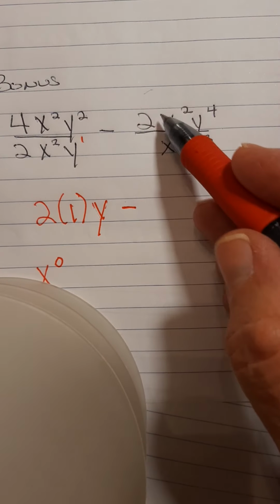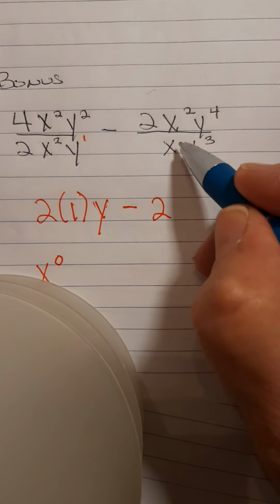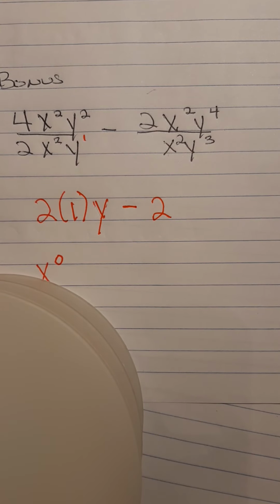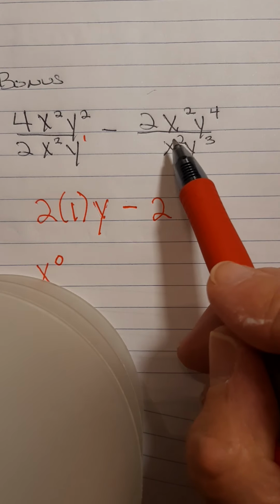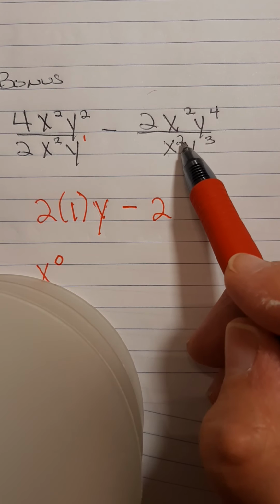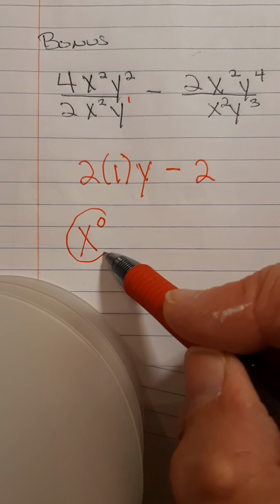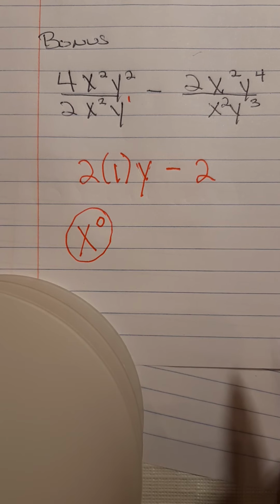Minus, we've got 2 here. Oh, let me put this squared in here because that's how the problem read. We've got x squared over x squared, or x to the 2 minus 2, which again is x to the 0. Anything to the 0 power is 1. Remember my little song?